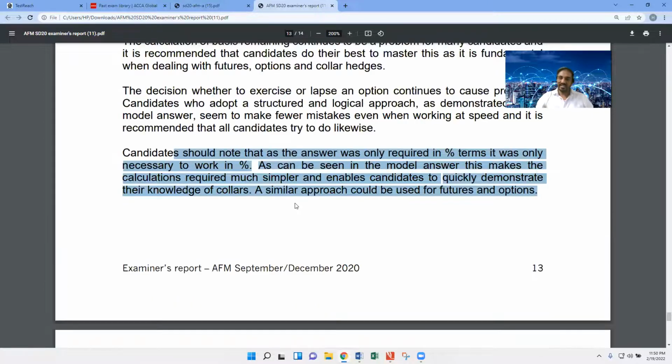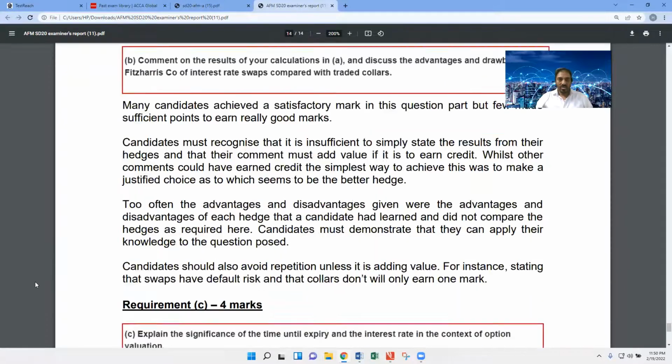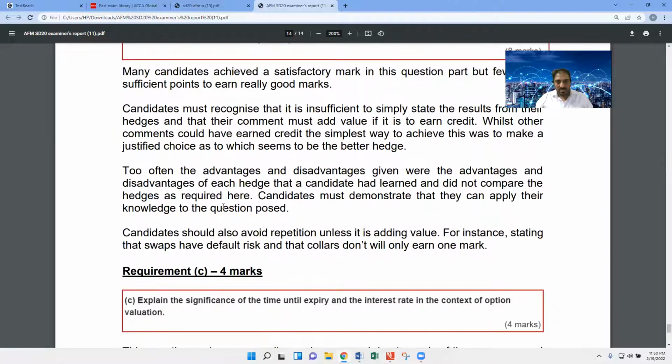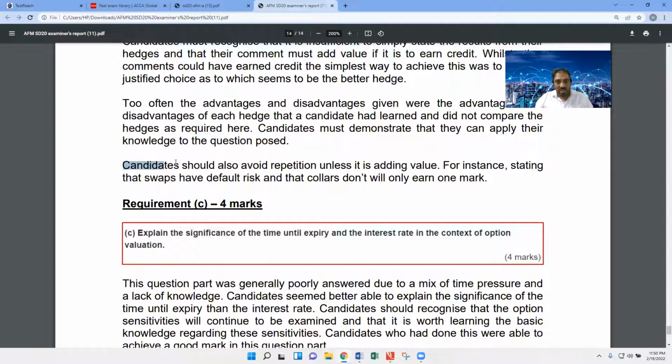So percentage is acceptable. Moreover, this is important: candidates should avoid repetition unless adding value. For instance, stating that swaps have default risk and collars do not will only earn 1 mark.